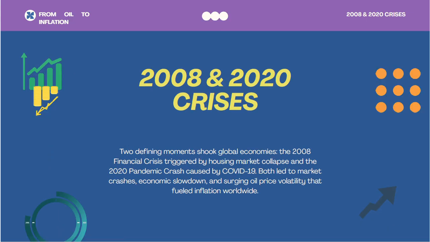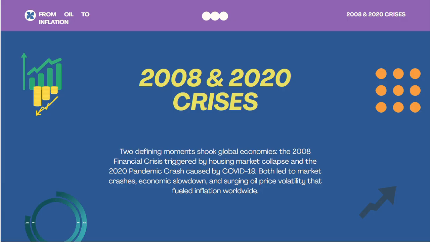Next, let us see the historical lessons. This is part 4 of the video. The historical lessons of the 2008 and 2020 crises. In the global financial crisis of 2008 and the COVID-19 pandemic of 2020, the markets crashed, portfolios lost value, and liquidity dried up.